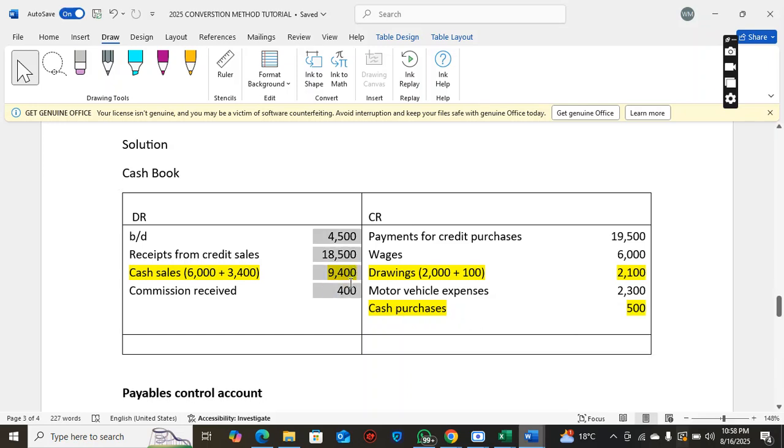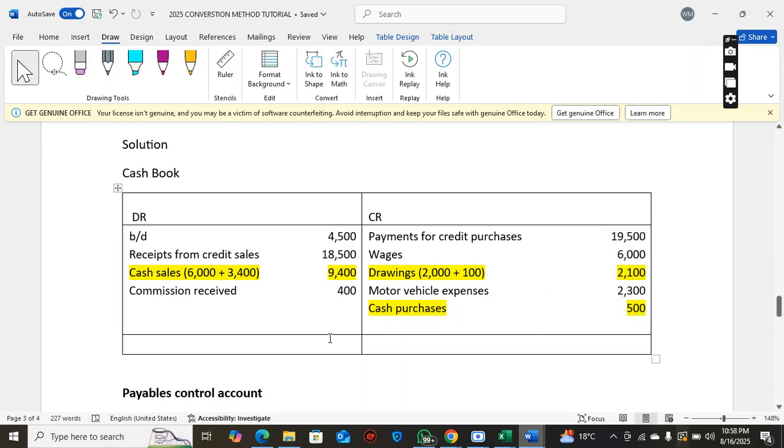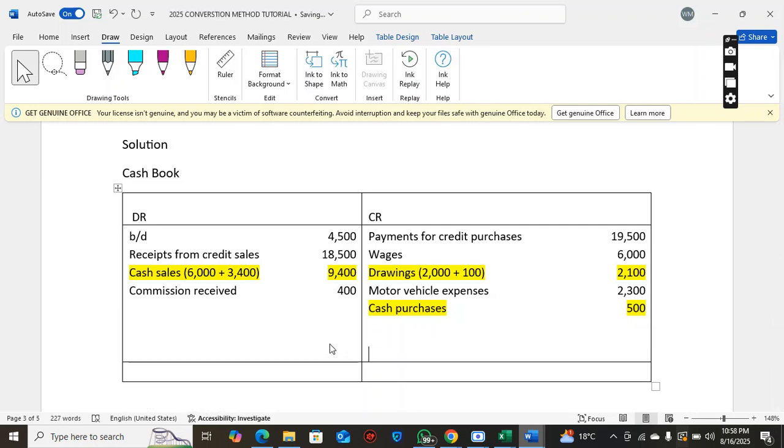Someone add the credit side, someone the debit, because you have to see which one is the higher side.